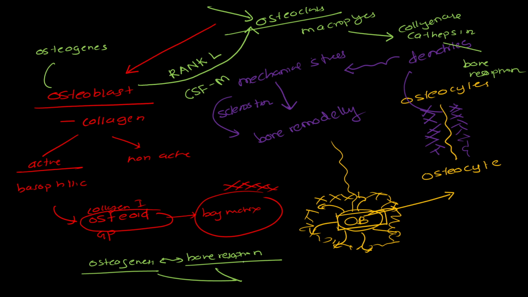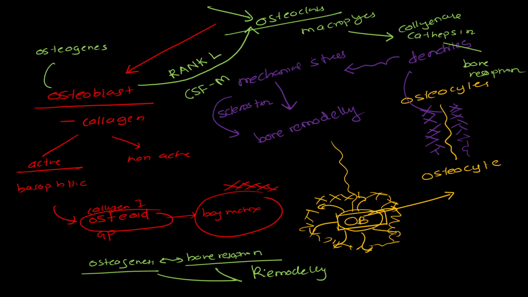Once these processes are present in harmony with one another, the process is known as remodeling of bone. Remodeling usually happens in adults, and it is present in almost everybody.